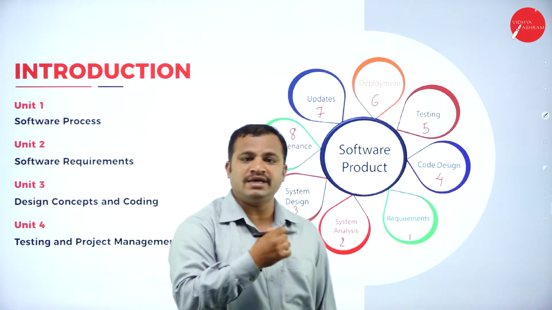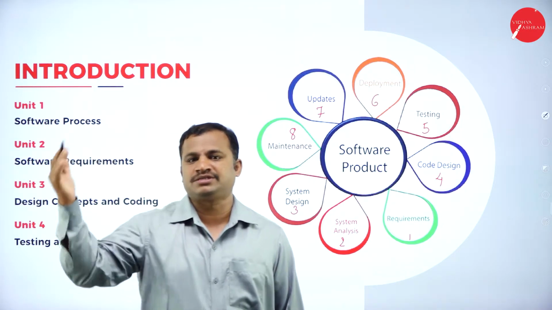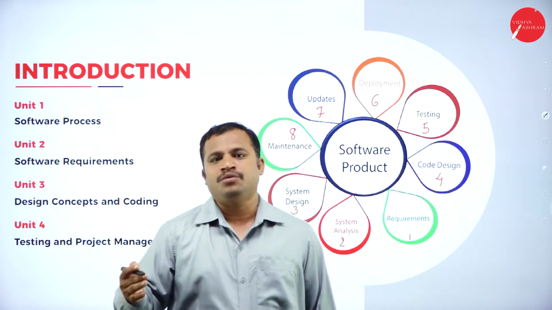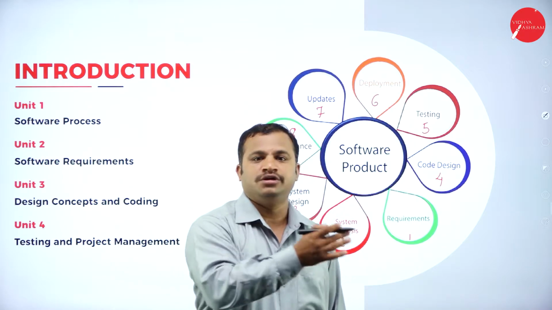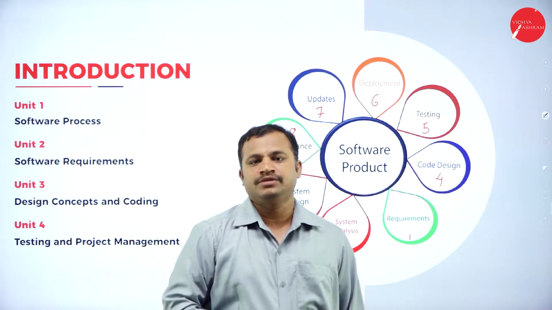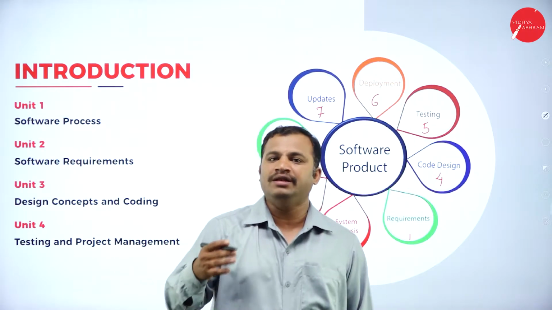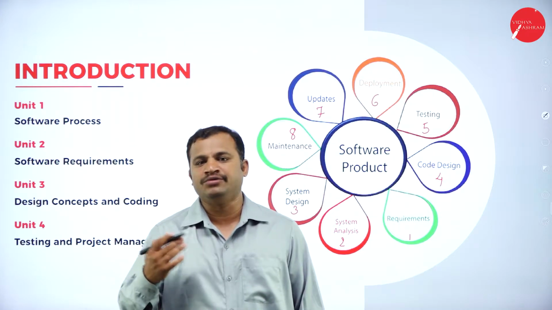All these are a certain set of tasks which need to be carried out at the developer side and need to be maintained by the developer even after delivering the software product to the client. So we shall go into the details of it one by one in different units, that is in Unit 1, Unit 2, Unit 3 and Unit 4.